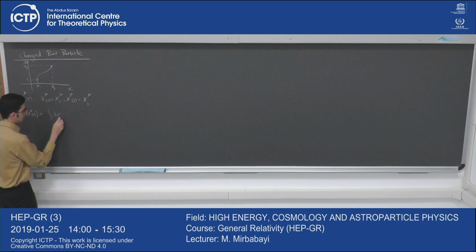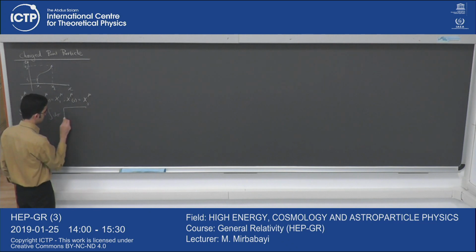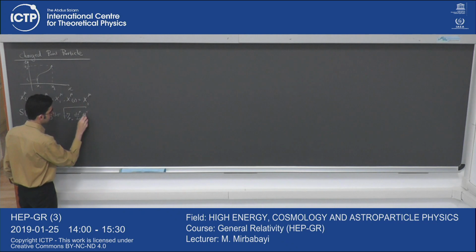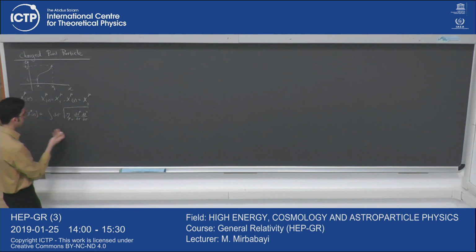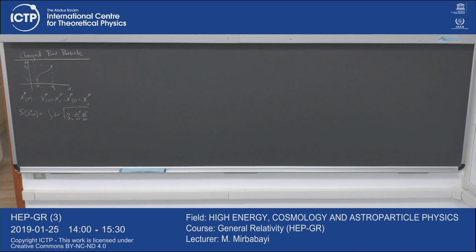So what was it? It was the integral d sigma times the square root of minus eta mu nu dx mu d sigma dx nu d sigma. And then from here we derive the fact that the classical trajectory for the particle is the straight line, not surprisingly.